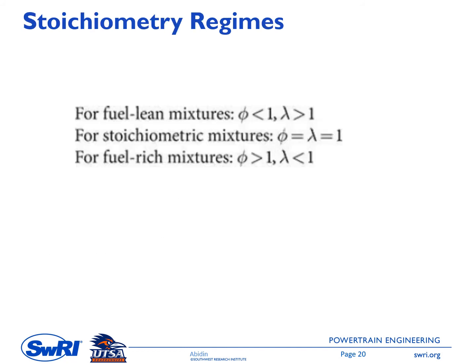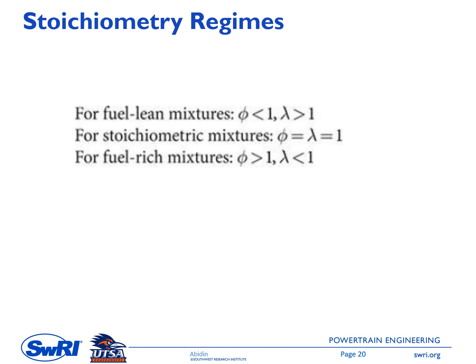In Thermo 2, we learned a bit about fuel-lean mixture, stoichiometric mixture and fuel-rich mixture. Fuel-lean mixture means when the amount of fuel is less than its stoichiometric amount. And then fuel-rich mixture means that the fuel amount is higher than its stoichiometric amount.